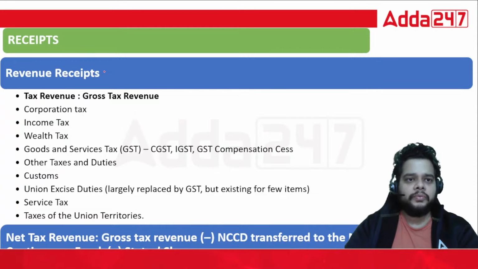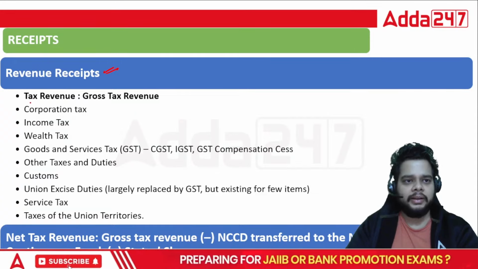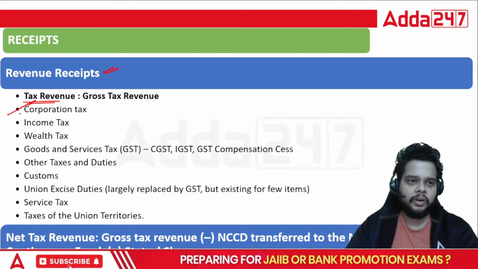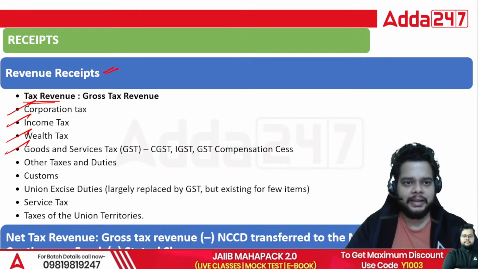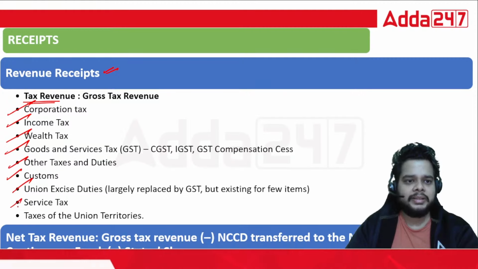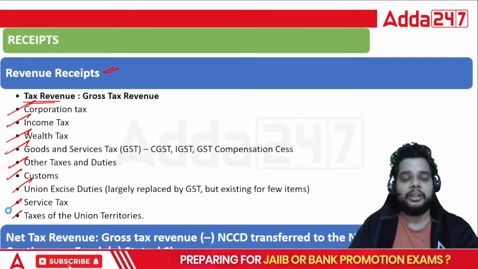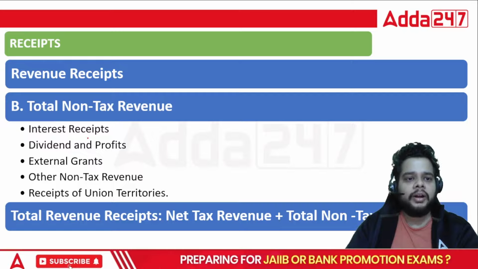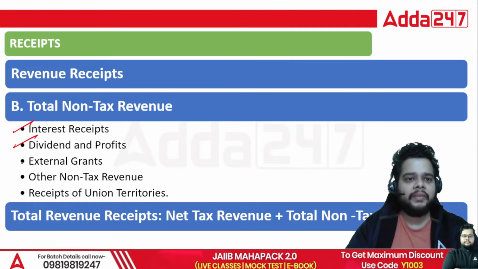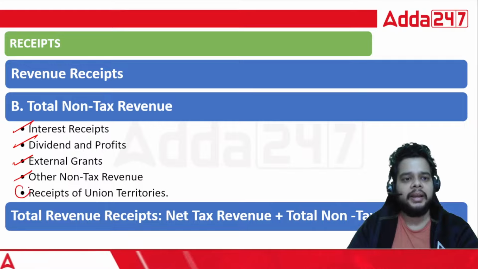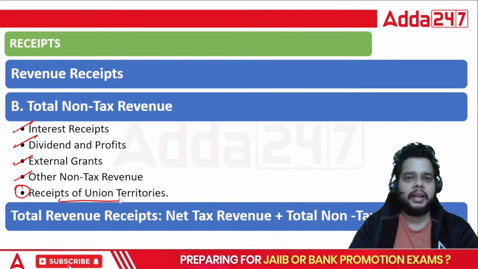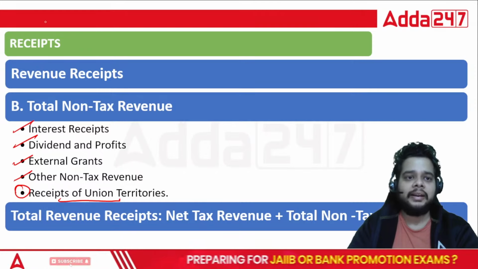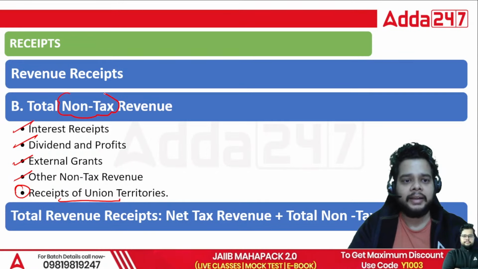Okay, here you will see that the revenue receipts include tax revenue, which includes corporation tax, income tax, wealth tax, GST, then customs, other taxes, union excise duties, service tax, your taxes of the UTs as well. Non-tax, you have interest receipt, dividend profits, external grants, other non-tax revenue, and receipts of union territories. So receipts of union territories, they form the part of non-tax revenue.